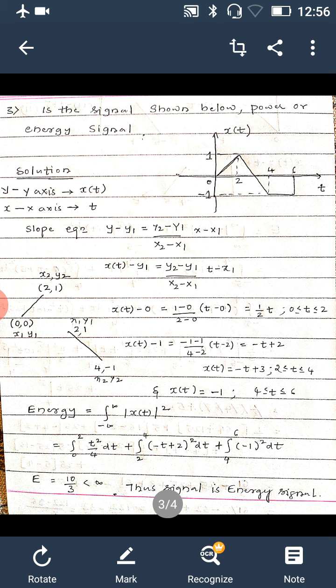Now use these x1 y1 and x2 y2 in the slope equation. So x of t minus y1, that is x of t minus 0, is equal to y2 minus y1, that is 1 minus 0, divided by x2 minus x1, that is 2 minus 0, into t minus x1, that is t minus 0. By simplifying this you will get 1 by 2 times t.